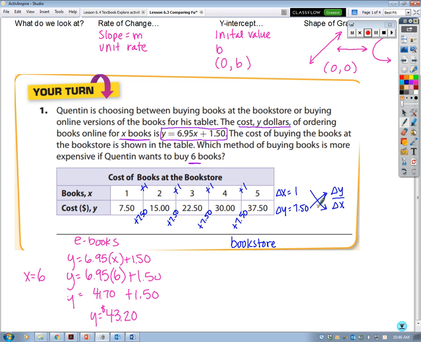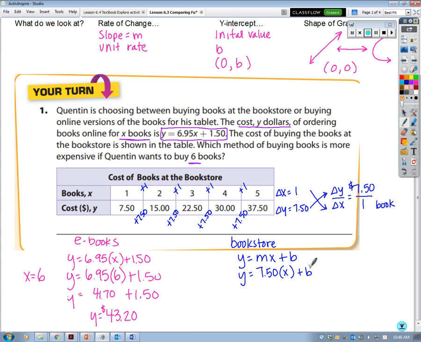So we've got to flip it from our table, which means it's $7.50 per one book. Okay? So that's our m value. So if we've got y equals mx plus b, y equals 750 times x plus b.